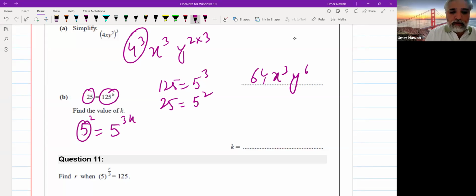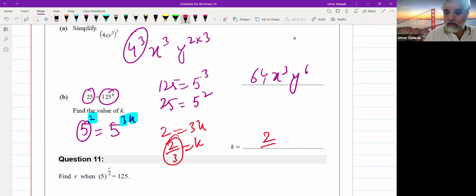When the bases are the same, the powers are always equal to each other. So generate the equation out of it. I will put my 2 equals 3k. So 2 is equal to 3k. So 2 divided by 3 is equal to k. So the value of k is 2 over 3.